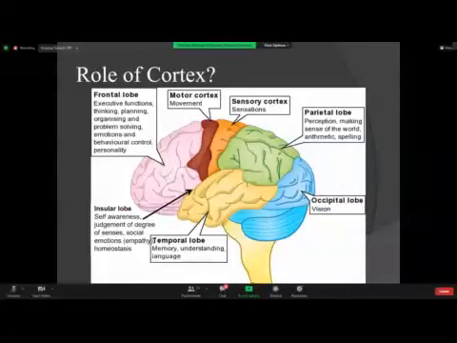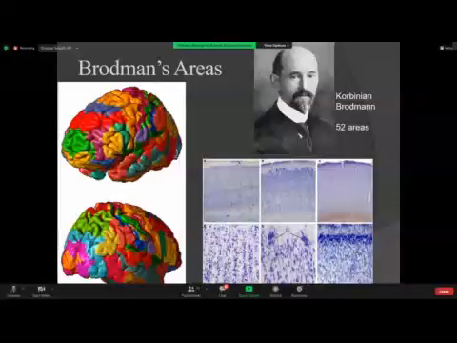Now, the whole brain itself is a huge organ. Back in the 1800s, this fellow named Corbinian Brodmann took sections of the brain, and he just did a simple Nissl stain. It's a very simple lab procedure.